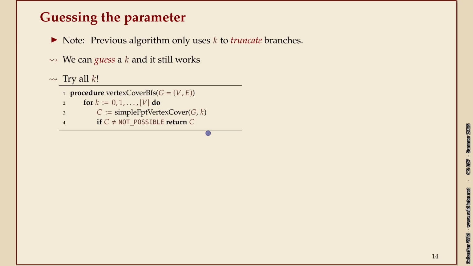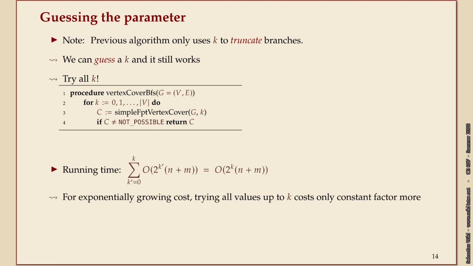What's interesting about this is what is the running time? And the running time here is as often as this loop runs. So if the true answer is k, there is a vertex cover of size k, then you're running this loop from 0 up to k.